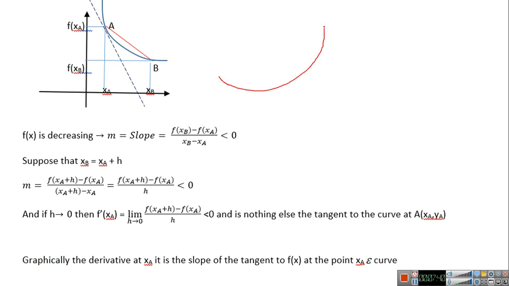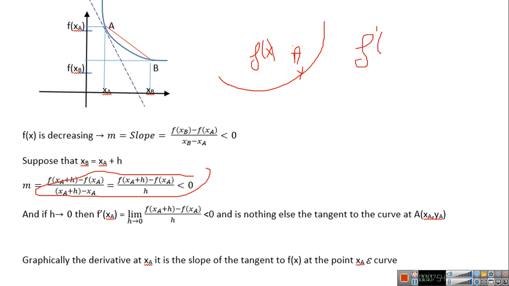If you have a function, no need to do this proof. If you have a point A, the derivative at point A, which we denote by f prime of xA, is nothing else than the tangent at the point A to the curve.